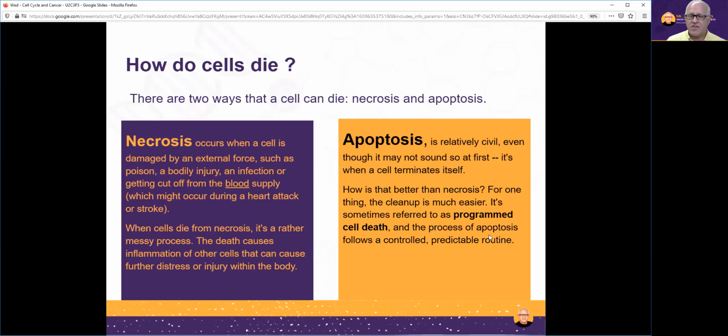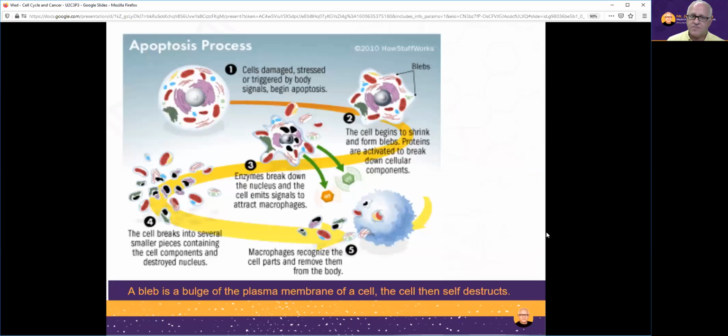So how's that better than necrosis? Well, for one thing, the cleanup is a lot easier in the body. It's sometimes referred to as programmed cell death. And the process of apoptosis follows a controlled and predictable routine.